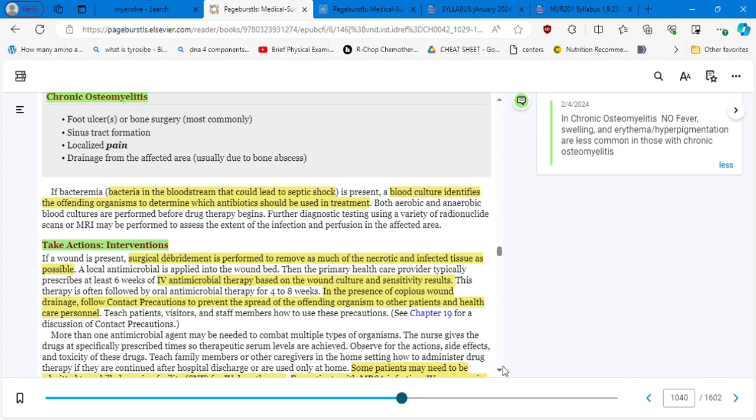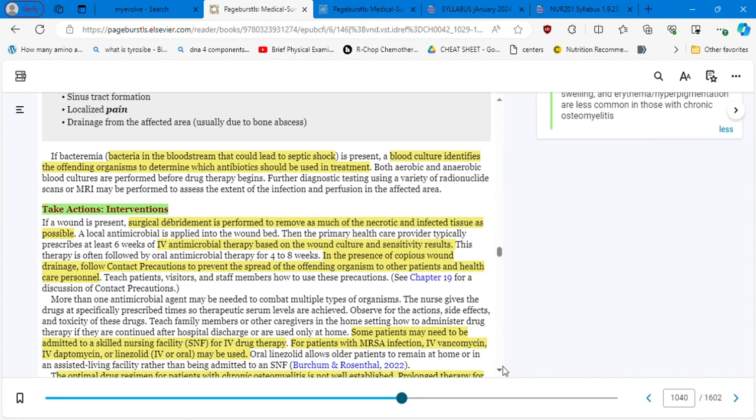In septic shock, the triad is fever, low blood pressure, and high respiration rate, right?